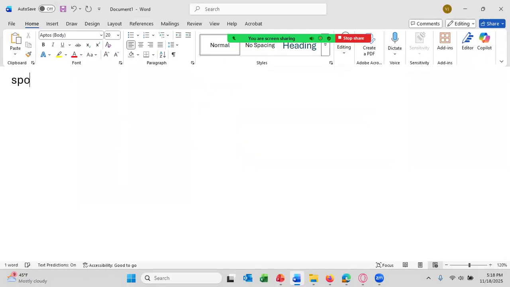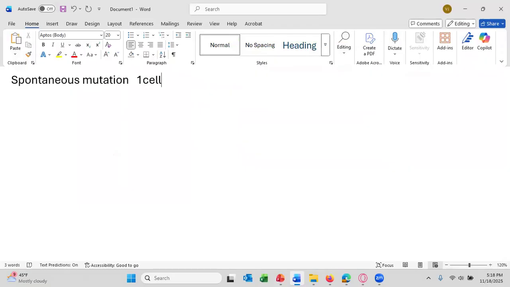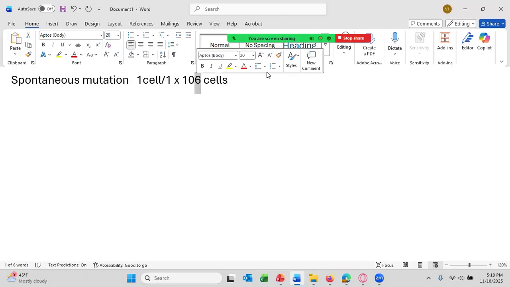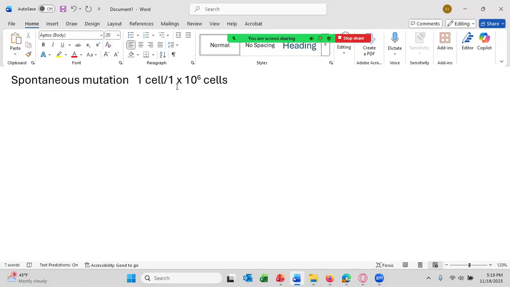So spontaneous mutation happens in about one cell in 1 times 10 to the 6 cells.